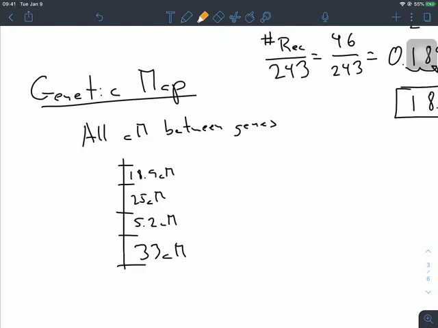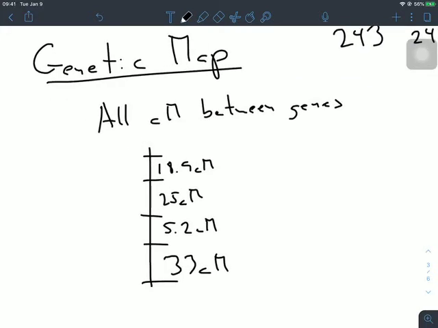What is the actual distance? If these genes are A, B, C, D, and E, what is the centimorgan distance between A and E? Well, you could add up 18.9 and 25 and 5.2 and 33 and get a centimorgan distance, and that's how you report it on your genetic map.